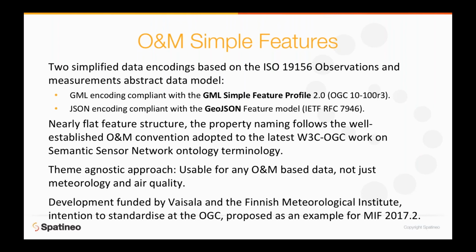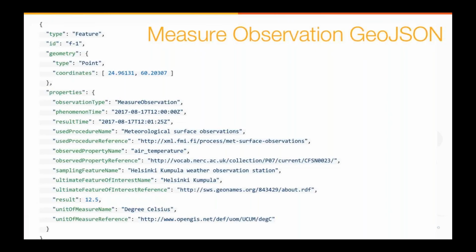And this is being discussed currently within the OGC on how to move forward with this, testing of this, and maybe even standardizing these encodings in the future. It has also been proposed as an example of a simplified alternative encoding for the INSPIRE alternative encodings group.